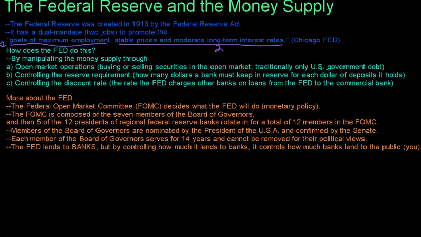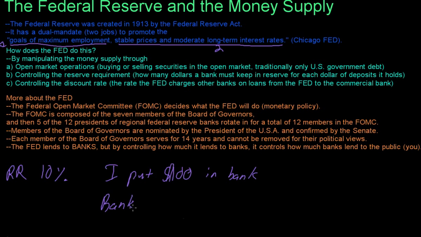I'm going to do just a little bit more about the reserve requirement, and it gets abbreviated RR. If the reserve requirement is 10%, which is what it is in the US right now, and I put $100 of my money in the bank, then the bank must keep $10 in its vault, because that's 10% of 100.